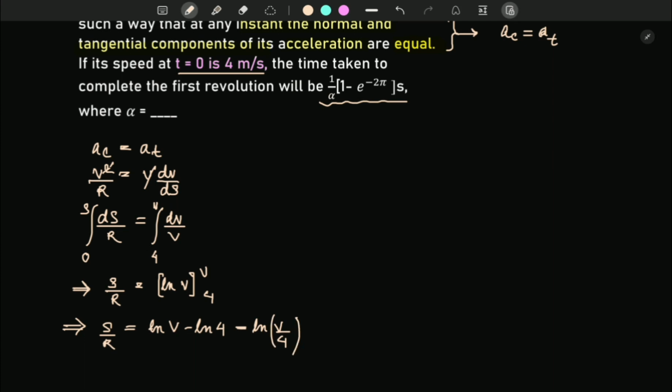Now if I replace ln, I can say that V by 4 equals e to the power s by R, or from here I can say that V equals 4 e to the power s by R.